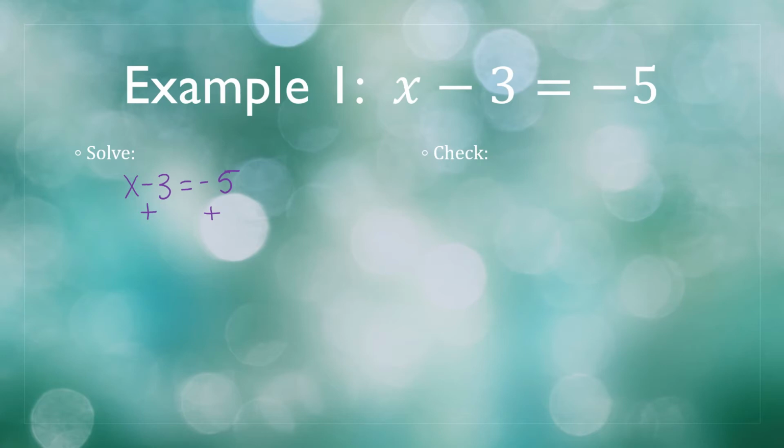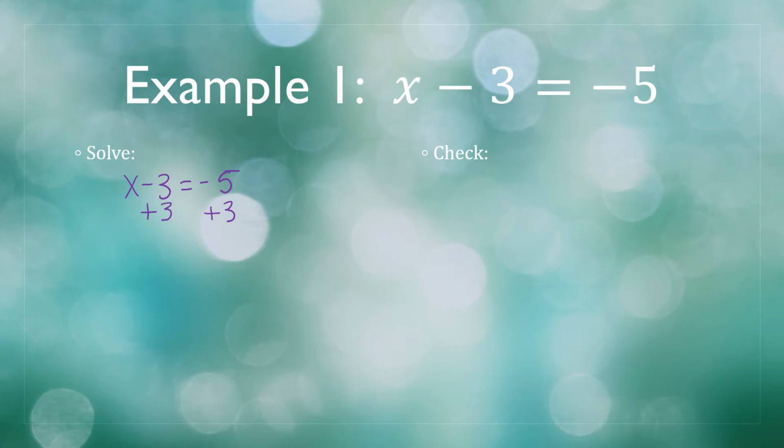Since we're subtracting a 3, to undo the subtraction of a 3, we already said we're going to add, but we want to add the same number that we subtracted, in this case 3. And so we're going to add that 3 to both sides. Now we can go ahead and simplify.